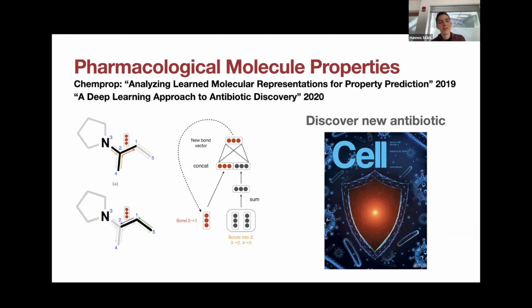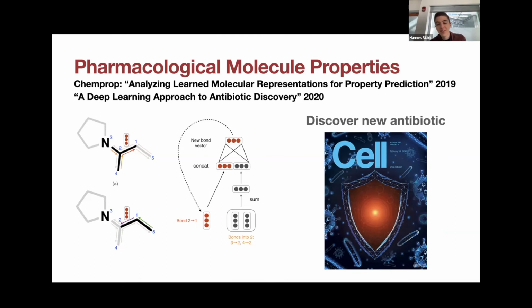And then we train our model to predict that. And we take a library of millions of molecules and predict for all of them whether or not they will be an antibiotic or have some antibiotic properties. And then we have a bunch of suggestions of molecules that are antibiotics and have to then test them.